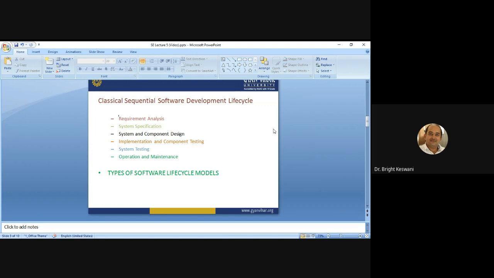Then lastly, the management involves the tailoring of the software development lifecycle to fit individual processes, managing the human resources, and managing the rules and the protocols on how the output is formalized. So management also plays an important role.